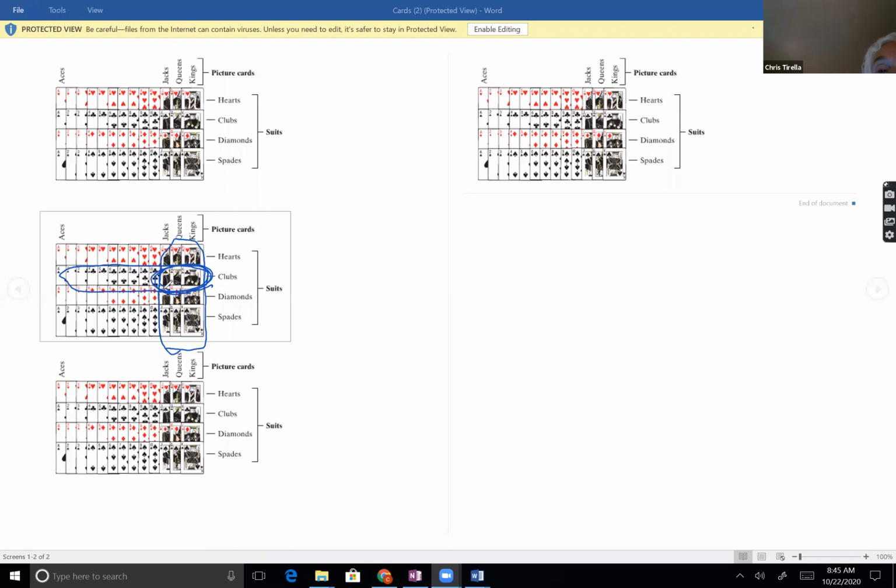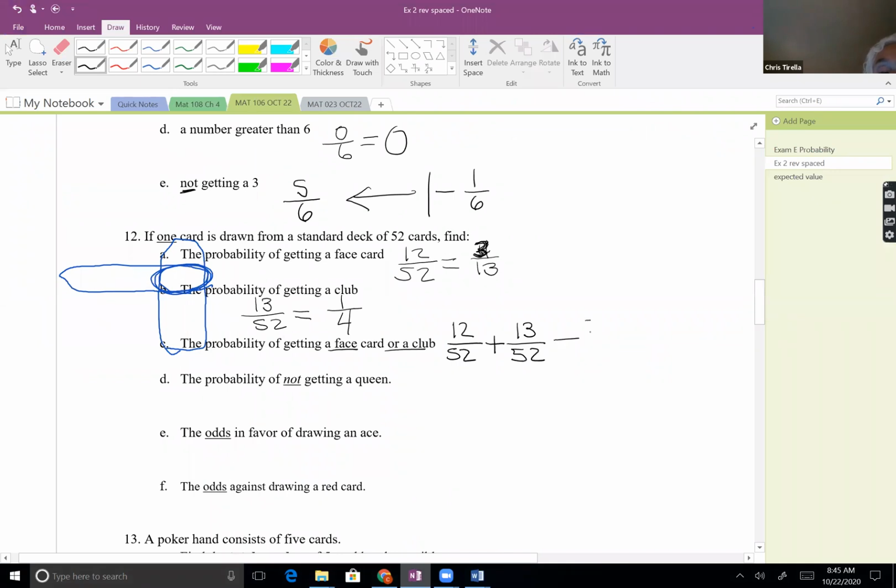And so I have to go back and subtract those cards that are being counted twice. And so that would give me 22 out of 52, which would reduce to 11 over 26.